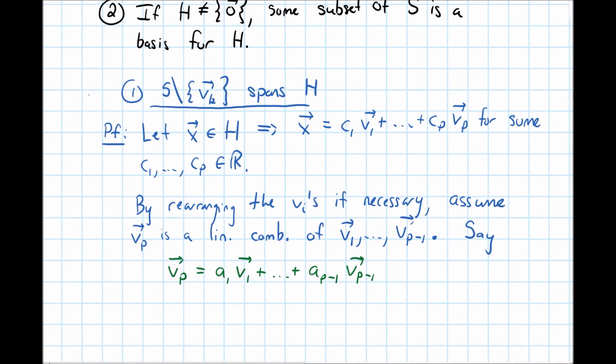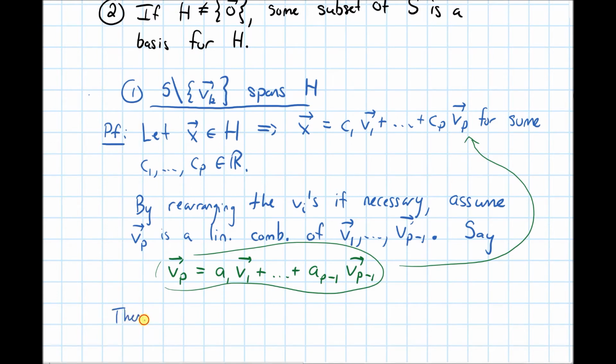Next, let's take this formula that we have for vp and plug it into the equation up here where the vp is. If we do that, the vector x equals c1 v1 plus ... plus, the term before cp vp would have been cp minus 1 times vp minus 1.